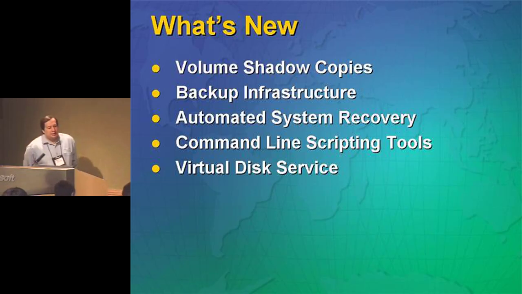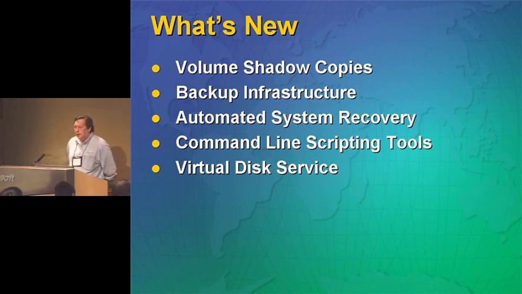Around the snapshots, we've added a backup infrastructure, which allows third-party ISVs and ourselves to be much better with respect to backup. We've also added automated system recovery. This allows a much quicker and a much higher fidelity restore when your disk drive in your server goes down and you need to get it back up quickly.